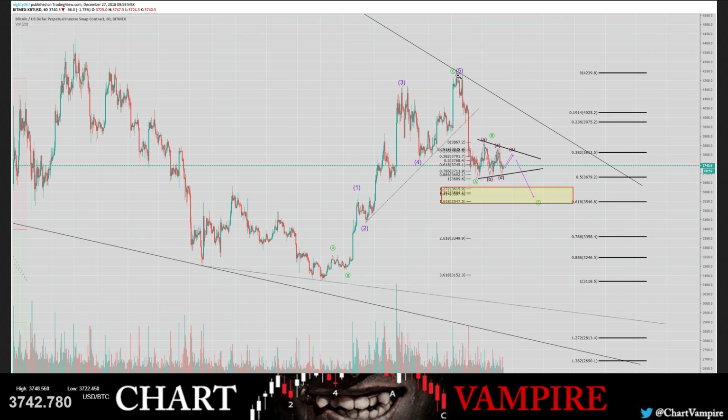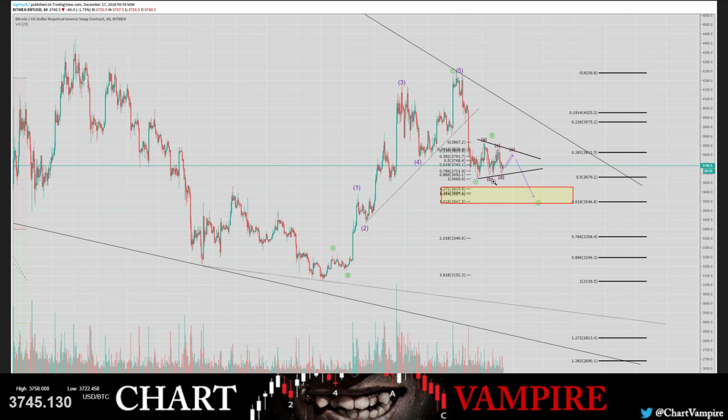And this could be your, if you started here, 1, 2, 3, 4. This is your wave 4 in here of this first wave. 1, 2, 3, 4, or 1, 2, 3, 4, 5. And this is some kind of a correction wave.